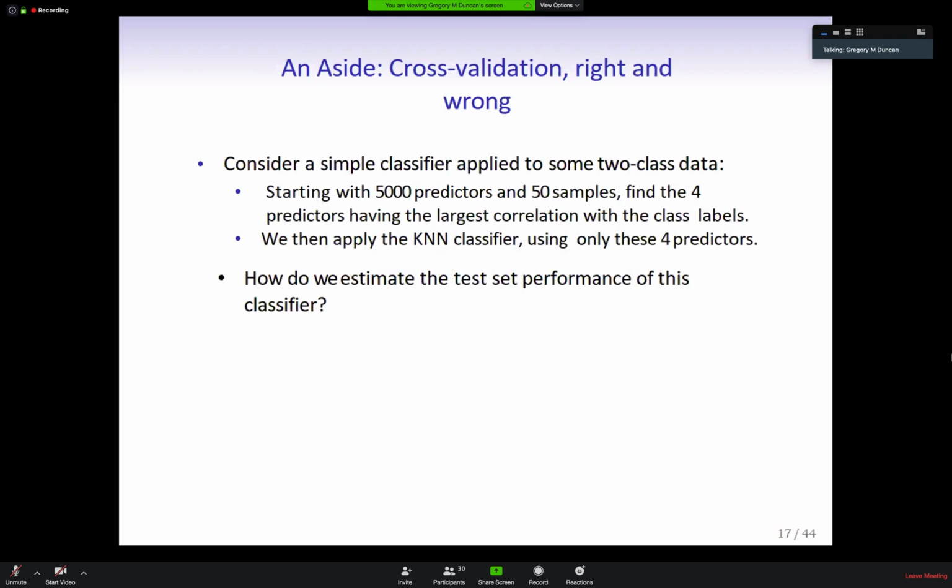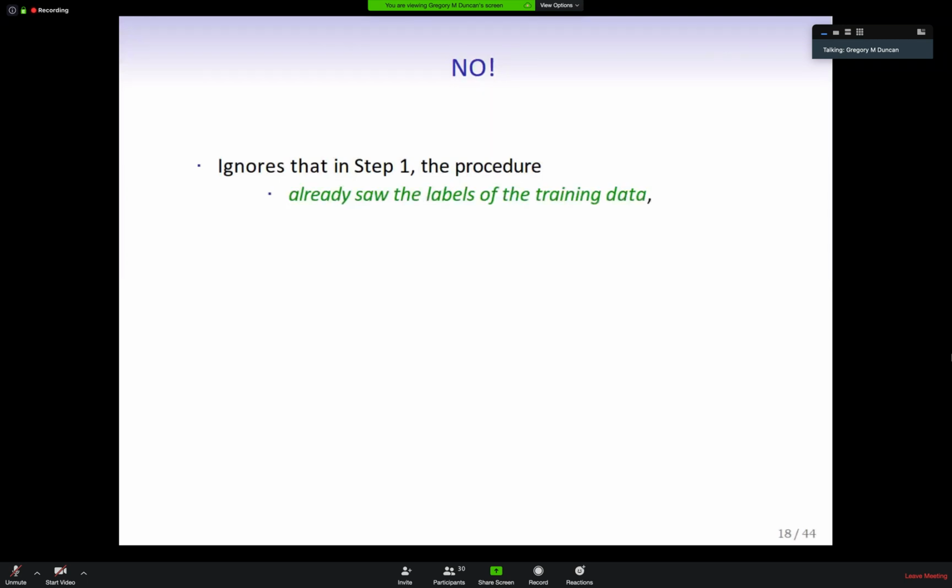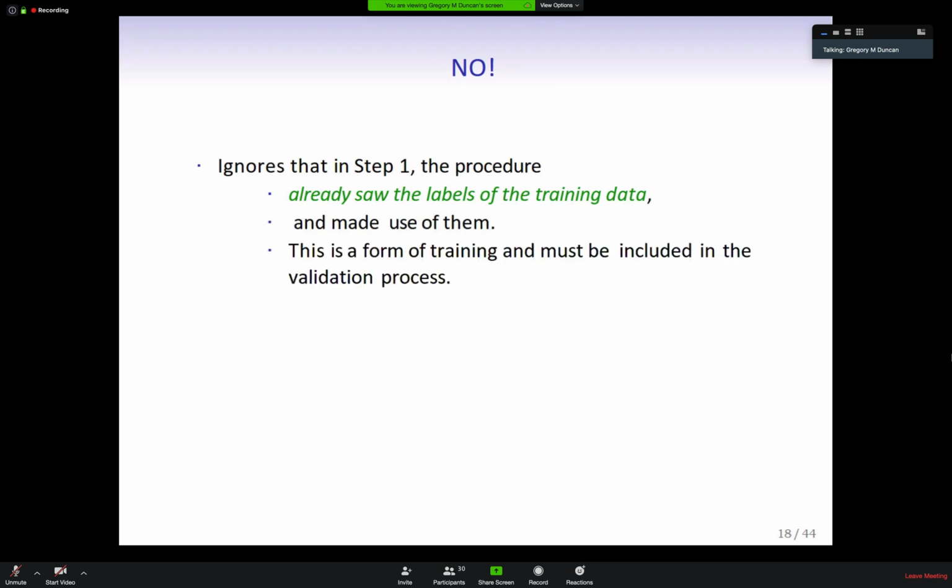How do we estimate the test performance of this classifier or regression? Can we apply cross-validation in step 2, forgetting about step 1? And the answer is no. It ignores step 1. The procedure already saw the labels of the training data, already saw the dependent variable, and it made use of them.